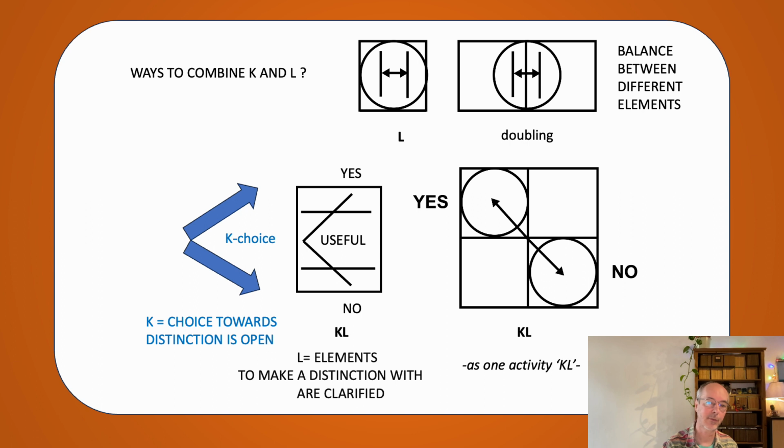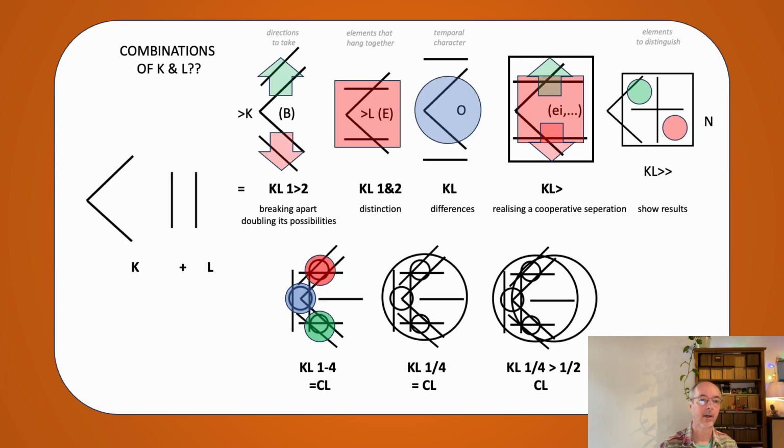So I'll have these two puzzle frames to help me make a distinction between the elements, to make it different, between the yes and no situation, and try to keep a balance there as well. These are helpful frames that will help me to form all the words with K and L together. And there will, of course, be too many differences possible, but it will more or less be the same thing. There will be a distinction, and there will be something that keeps it hanging together.